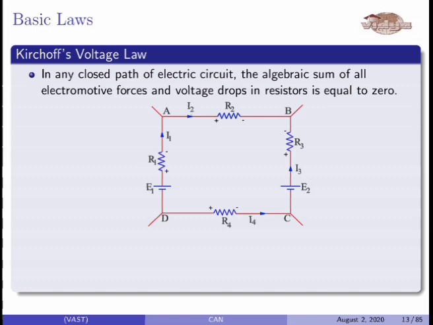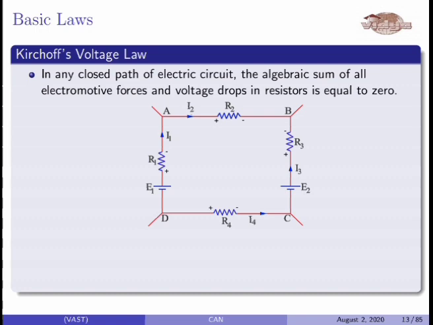Here in the case of R3, the current is flowing from C to B in this direction. That's why at the entering side we marked a plus, and the leaving side we marked a minus sign. Similarly, you have to mark the polarity for each of the resistances.